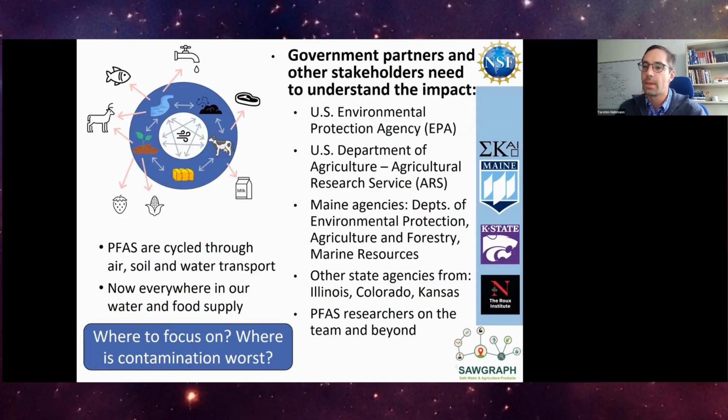And through the release into the air or water, it can be cycled within the environment, end up in the soil and food and drinking water. So that's why government partners are really interested in understanding where we see PFAS in the environment, where it is elevated, and how we can remediate it, or how we can protect our food and water resources.